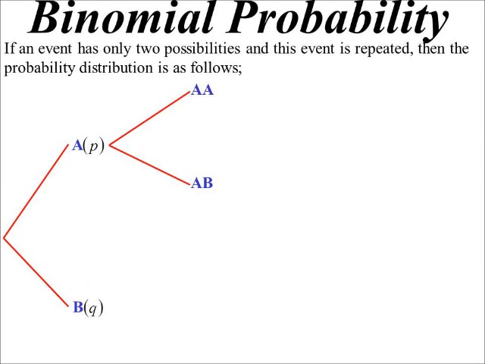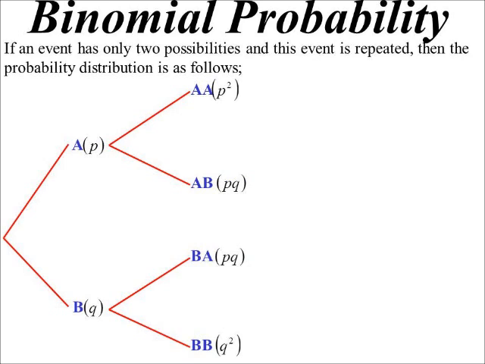So each one of those would branch off and I'd get AA or AB if the first one was A, or I'd have BA and BB if the first one was B. Now the probability of AA then would be P squared, and then AB would be PQ, BA would also be P times Q, and BB would be Q squared.